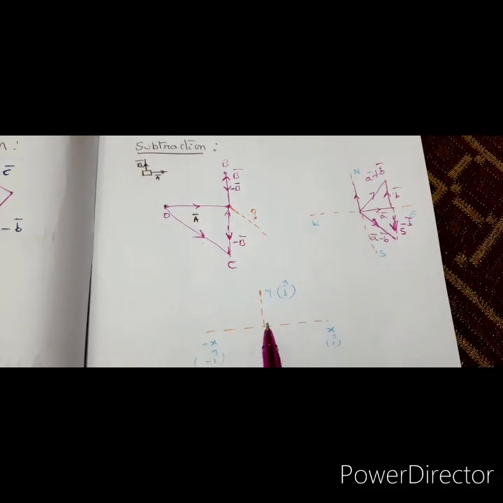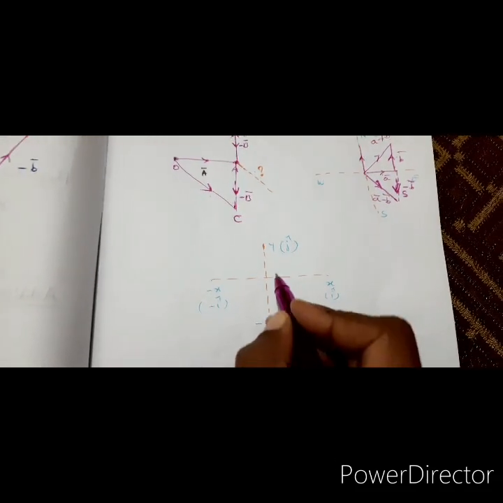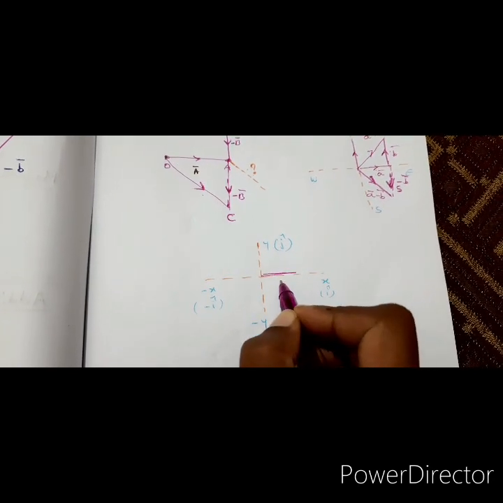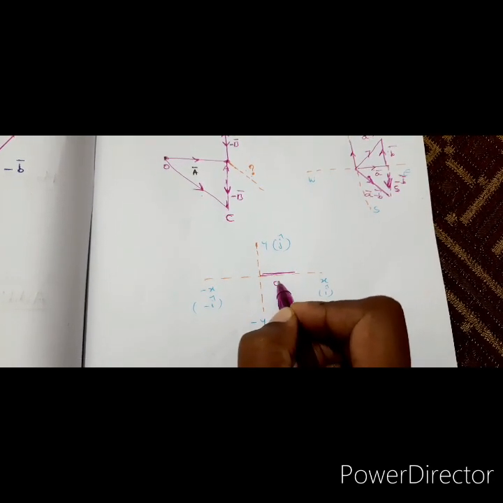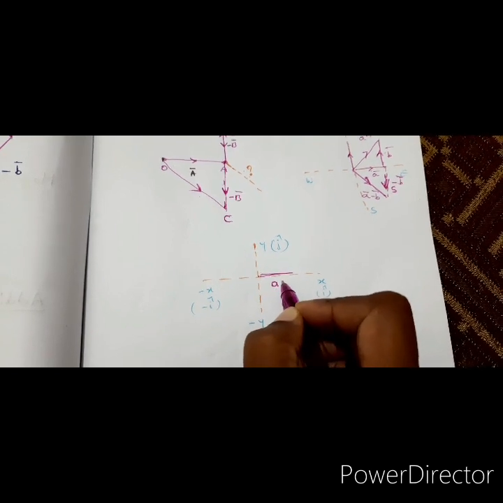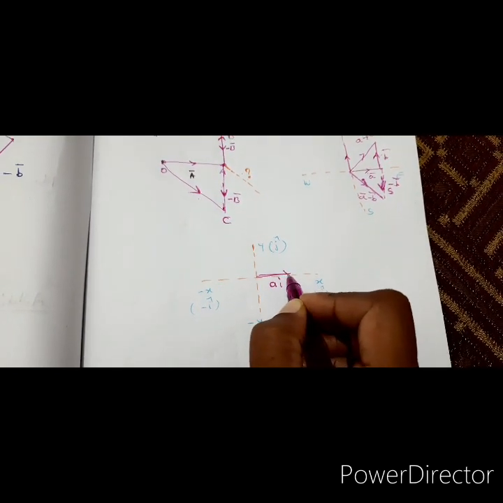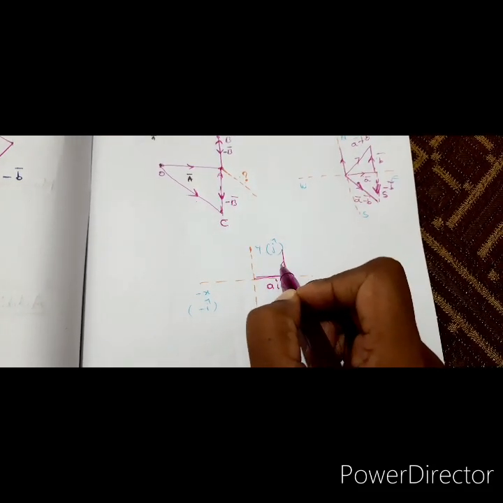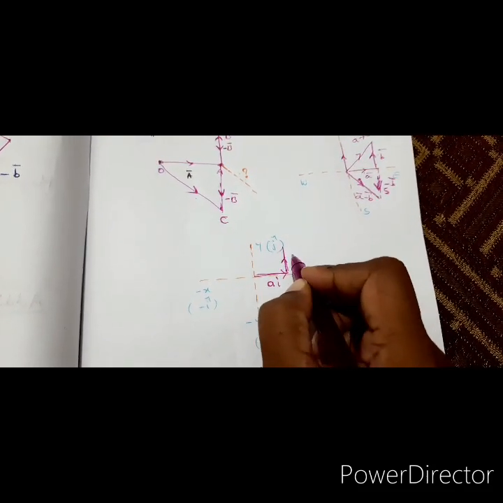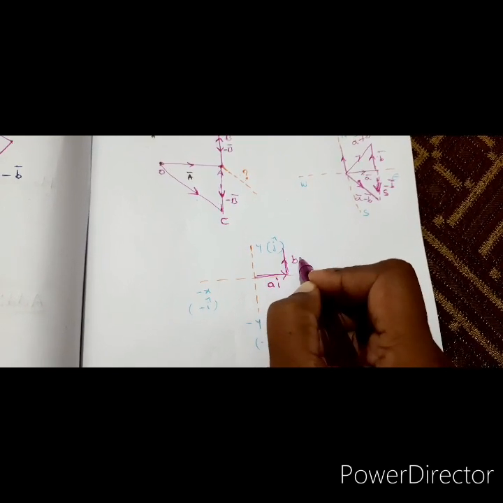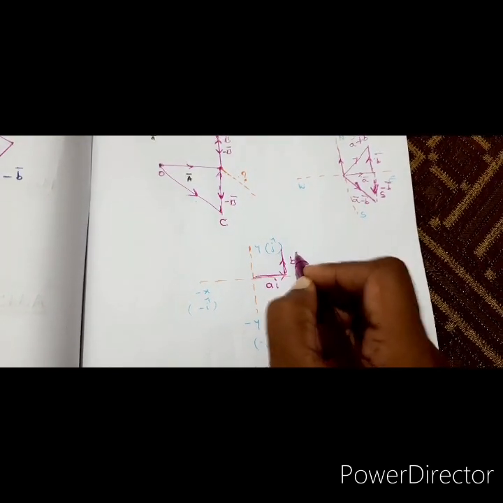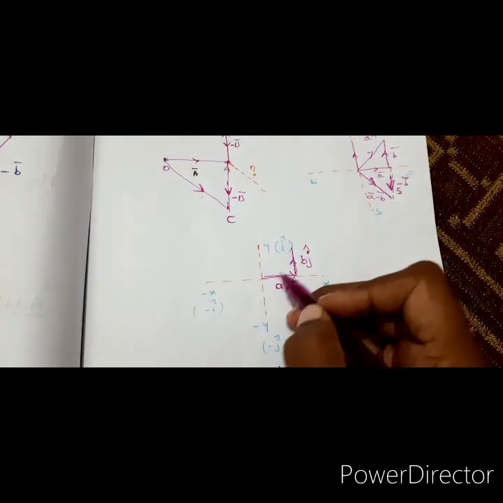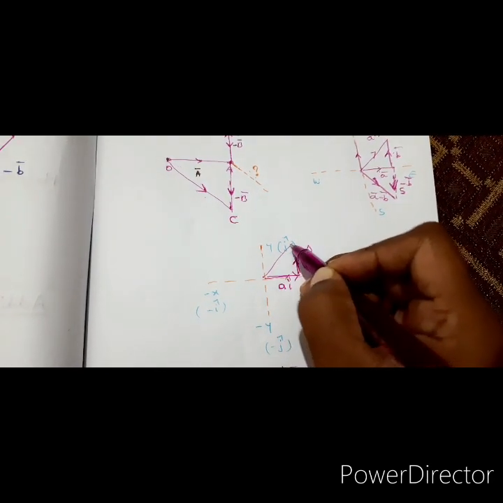Same, let us look here, right? See, this is along, if I take A as the magnitude of the vector, A i cap in this direction, and if I take B as the magnitude of the vector, B j cap in this direction, now what will be the resultant of the sum?